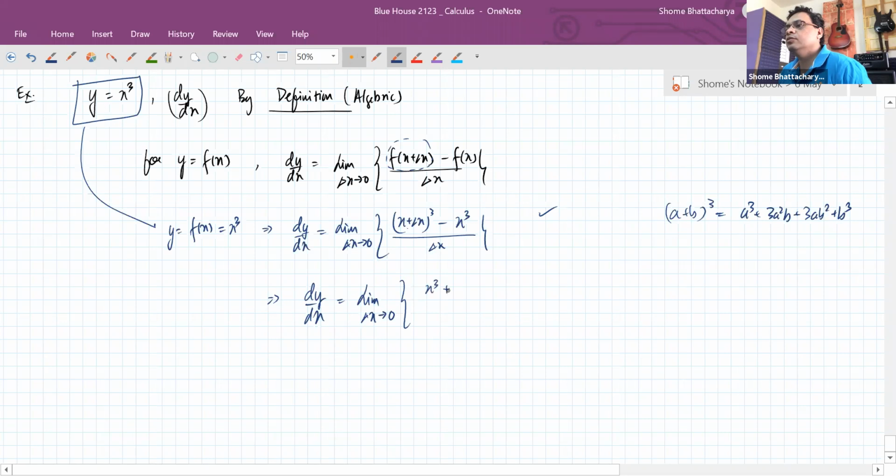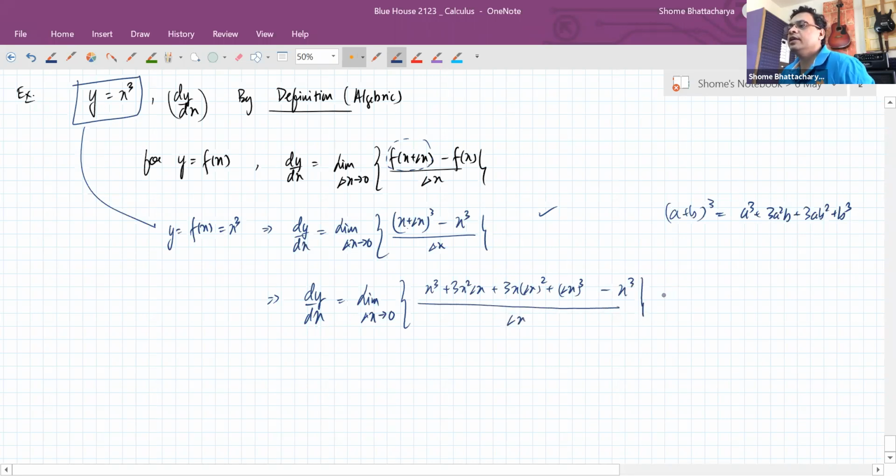So x cube plus 3x squared delta x plus 3x into delta x squared, and then finally delta x cube. Okay, this is the expansion of this term. And of course, I have minus x cube.